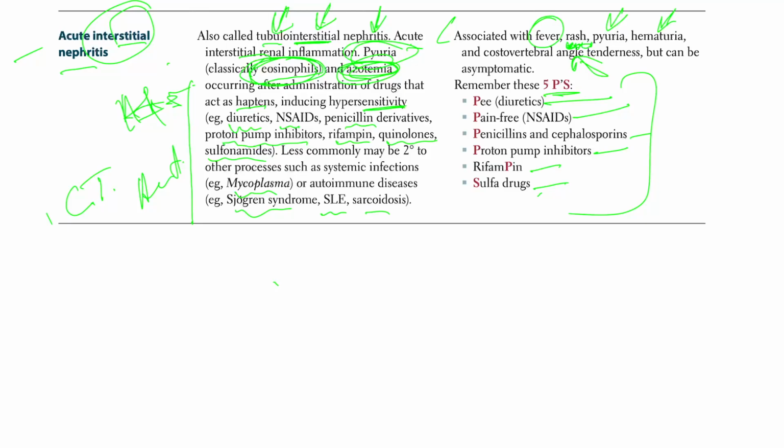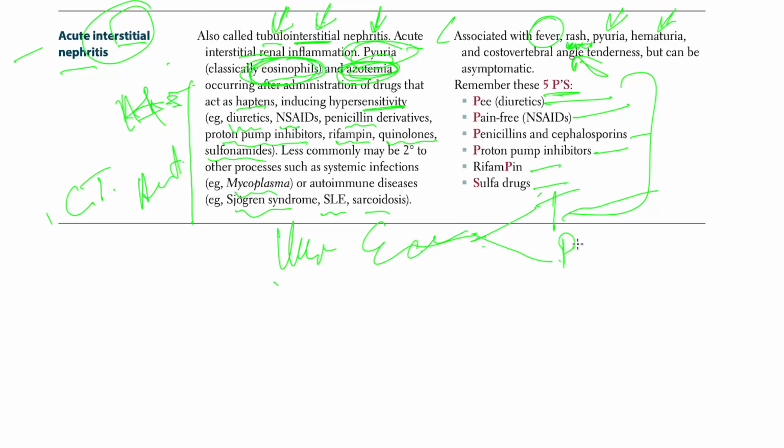Now, the most important thing here is that you have eosinophils and the rash. Urinary eosinophils can be seen in only a couple of diseases. One is this. The second is transplant rejection.